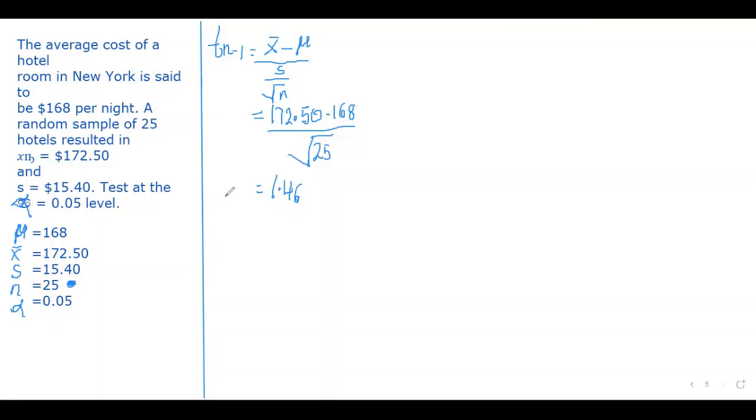I forgot to formulate the hypothesis, so I can come back to it. So s is 15.40, divided by the square root of 25.